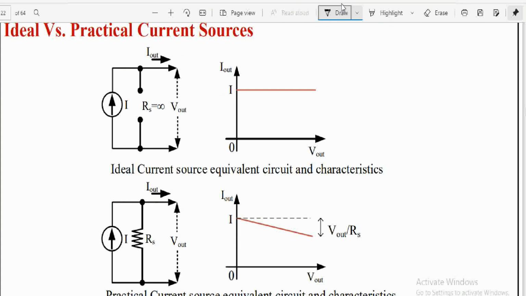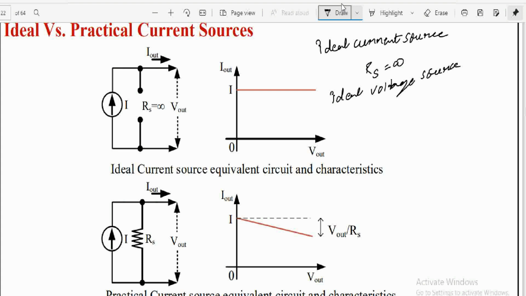For an ideal current source, the internal resistance Rs is equal to infinite. For an ideal voltage source, the internal resistance Rs is equal to 0.